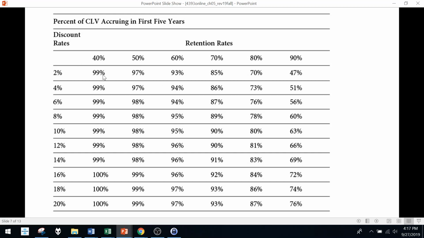And as you can see, you get almost all of customer lifetime value. You get almost all of it starting at if your retention rate is 40%. As it goes up, the value in the first 5 years is less because you're going to retain them longer than those 5 years.